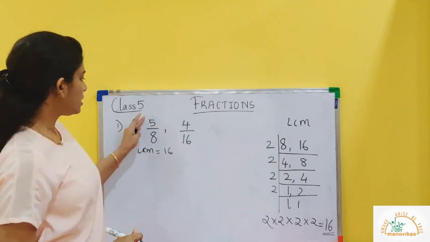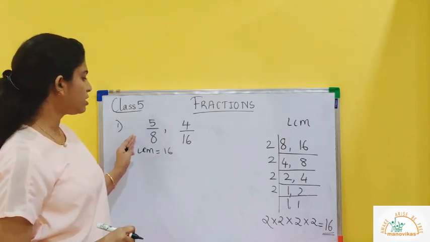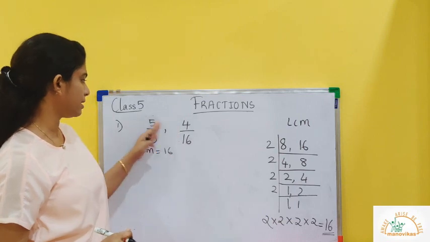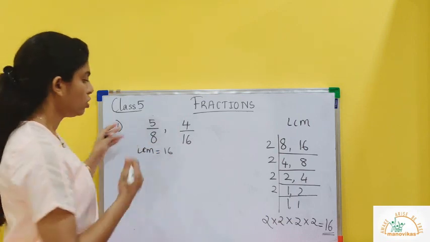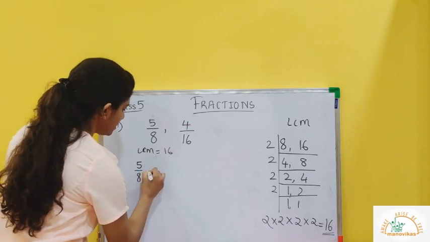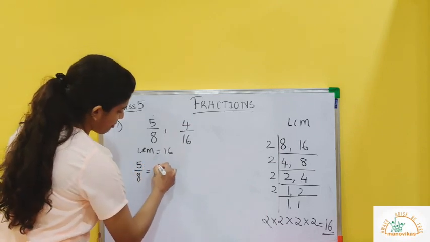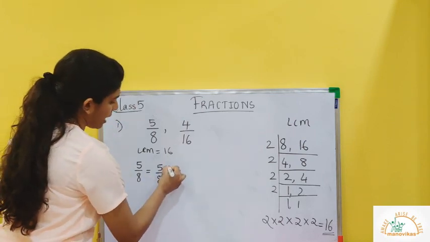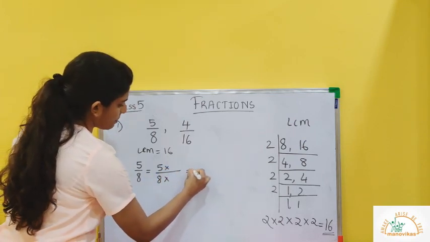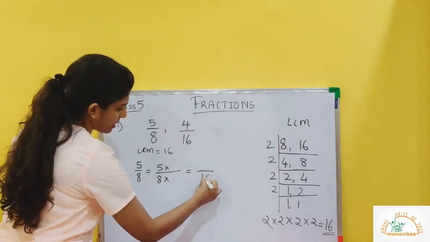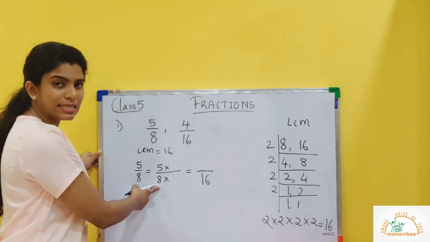Now this 5 upon 8 we have to change. The LCM should be 16 because we already have 4 upon 16 here. We have to change this fraction. So how to do that? You write 5 upon 8 here is equal to, write 5 upon 8 again. We have to multiply by something, that number, in order to get this LCM as 16.